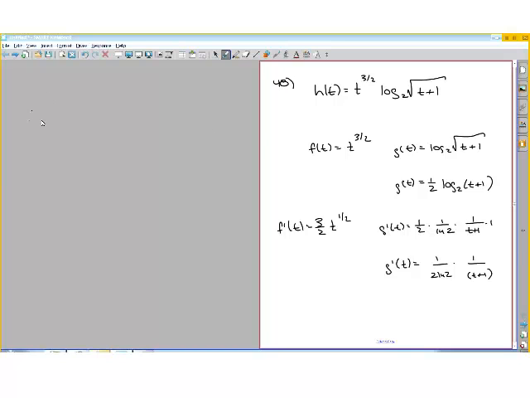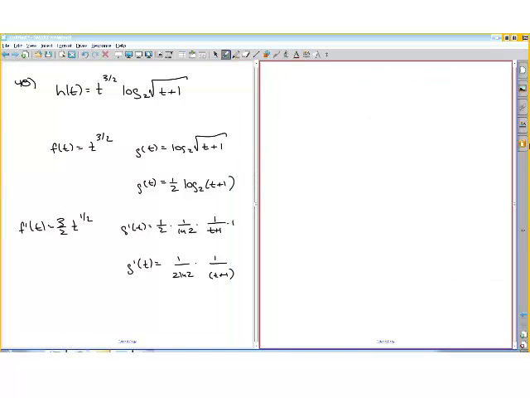Okay, so now we just plug into the product rule. Remember, h prime of t is equal to f of t times g prime of t plus f prime of t times g of t. f of t is t to the 3/2. g prime of t is 1 over 2 natural log of 2 times 1 over t plus 1.